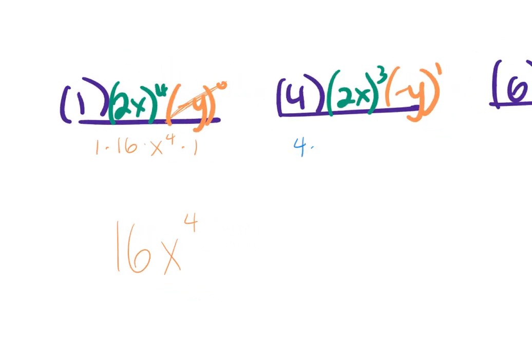Then 4 times 2 to the 3rd, which is 8, times x to the 3rd, times negative y to the 1st. So we multiply 4 times 8 times a negative 1 technically, which means this term's going to be negative 32x to the 3rd y.